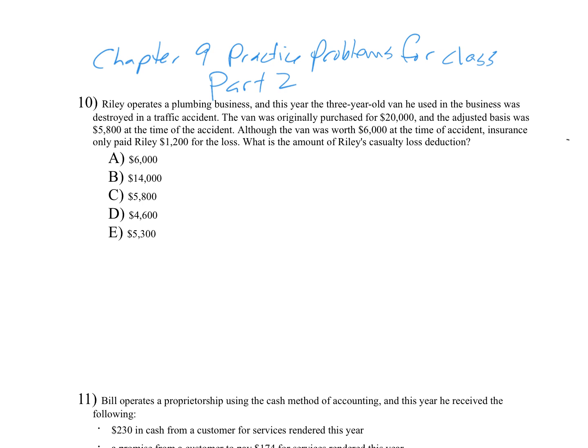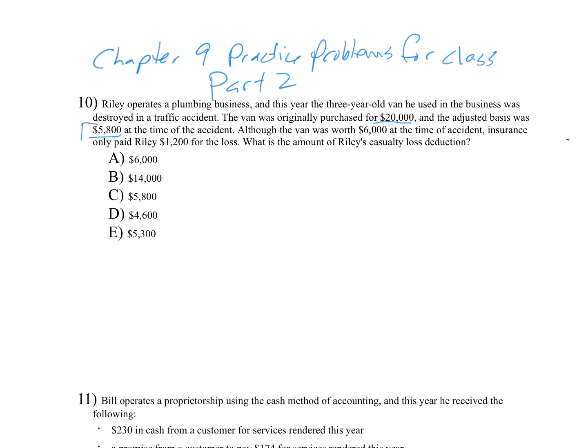Riley operates a plumbing business, and this year, the 3-year-old van he used in the business was destroyed in a traffic accident. The van was originally purchased for $20,000, and the adjusted basis at the time of the accident is $5,800. Okay, so obviously he'd been depreciating it from the time he purchased it, because he purchased it at $20,000.